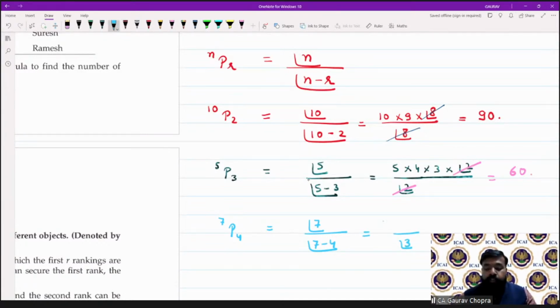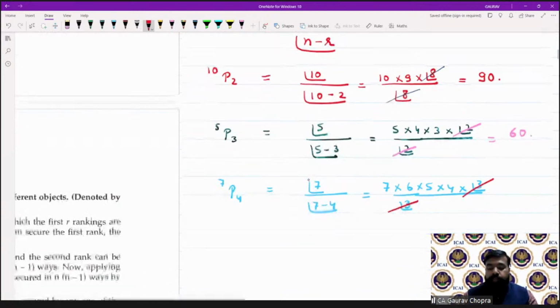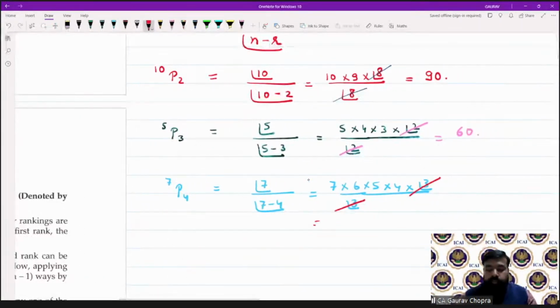In the numerator, we can open it as 7 into 6 into 5 into 4, then multiply by factorial 3. So this factorial 3 will get cancelled. What is left? 5 into 4 is 20 and 7 into 6 is 42. So 42 multiplied by 20 is 840. 840.